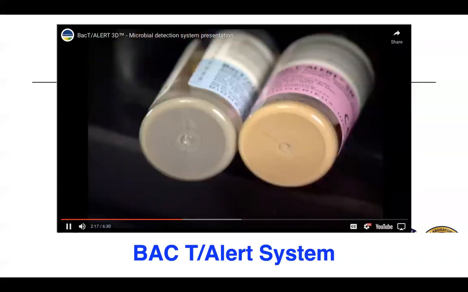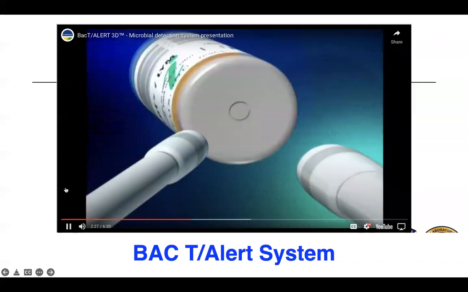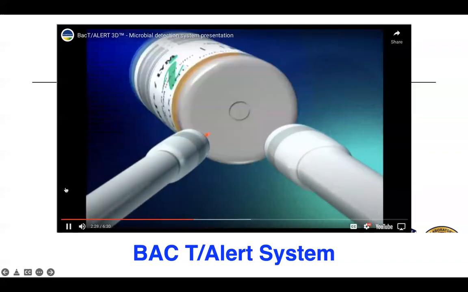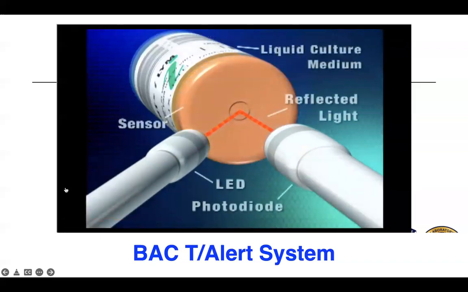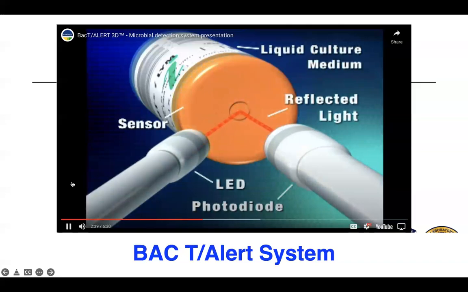The sensor at the base of each culture bottle detects carbon dioxide production, changing from gray to a lighter color when carbon dioxide is detected. A light-emitting diode within the BacT/Alert 3D scans the bottle sensor every 10 minutes to detect even the slightest change in color. As more carbon dioxide is produced, more light is reflected.